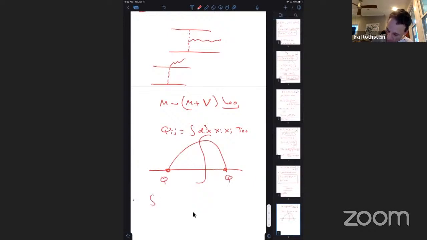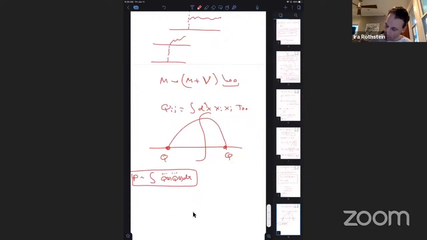And this will give you the power loss goes like three derivatives acting on the quadrupole moment. This is the famous quadrupole power loss formula.